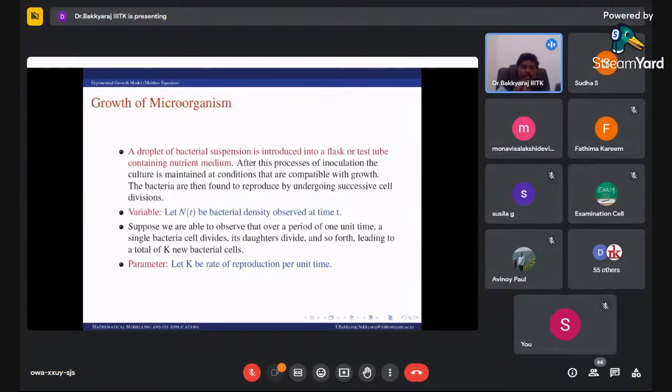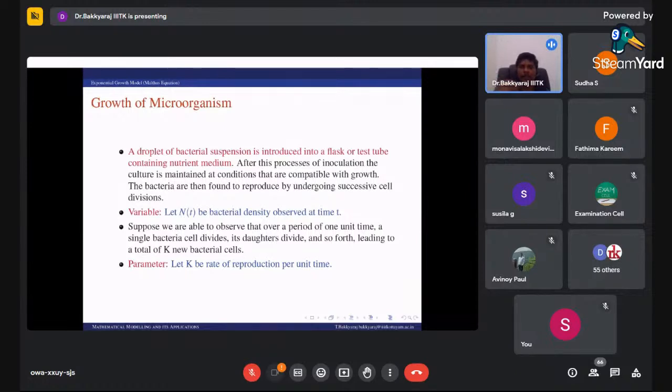Now let us start a very simple experiment. You take some amount of initial bacteria population, put it in a flask along with some nutrition food, and you keep the process in such a way that the environment will make the bacteria eat the food and start growing.